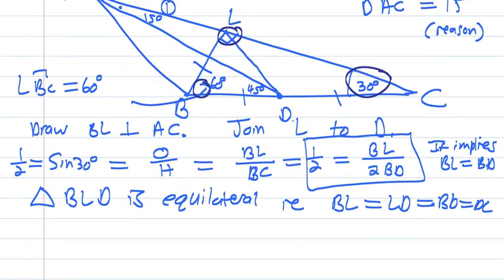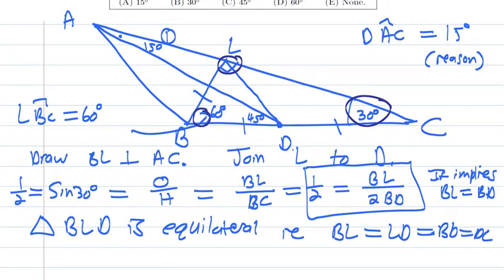With this clever construction, we now know that triangle BLD is an equilateral triangle, so there are a lot of cool things that we get here. Typically when you do Olympiad questions, maybe draw it big so that you get something from it.